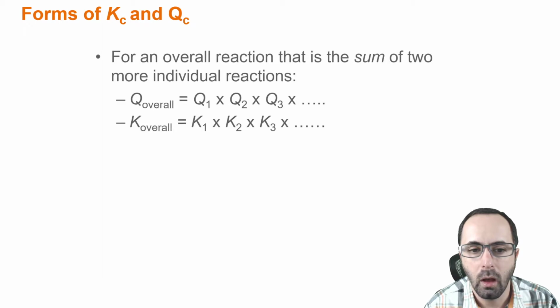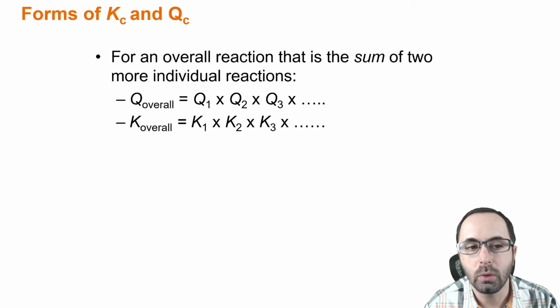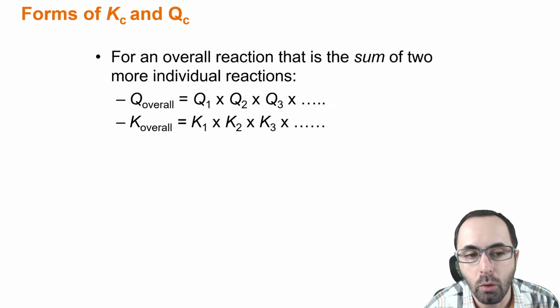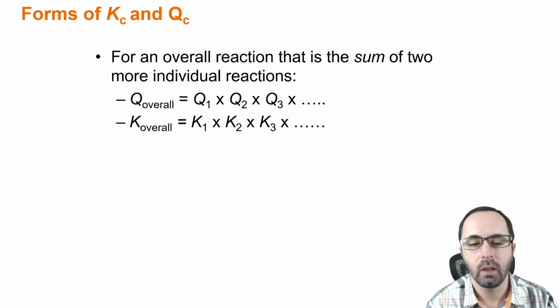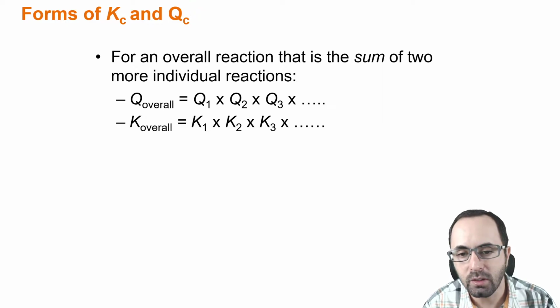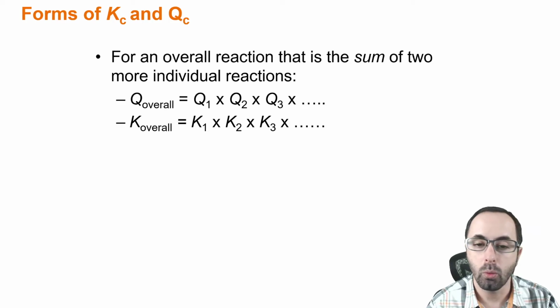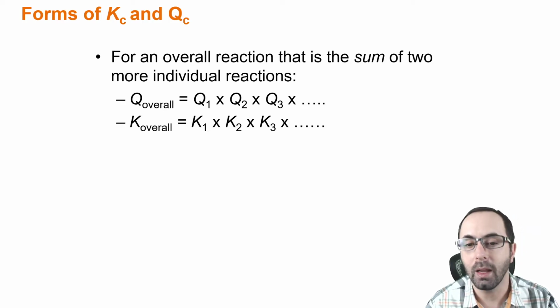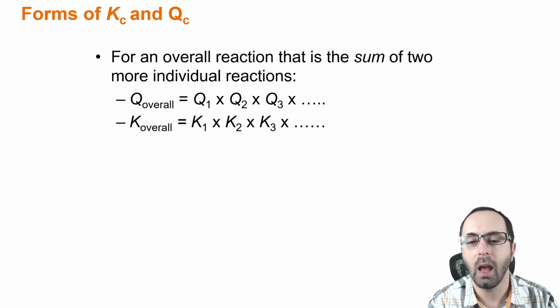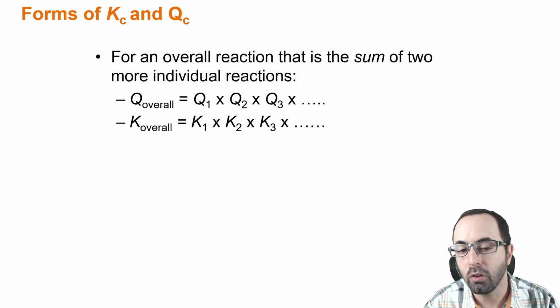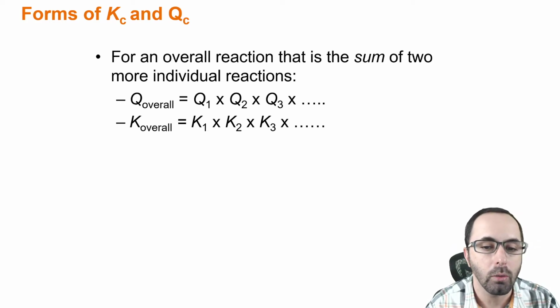What about the various other ways in which we might use Q and K? Well, one way is to determine the K for a sum of multiple reactions. We saw in the previous chapter that if we were forming reaction mechanisms to study kinetics, we would have multiple reactions that add together to the overall reaction.